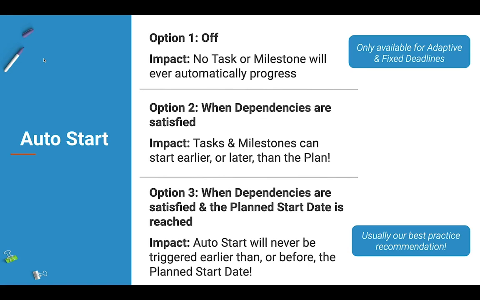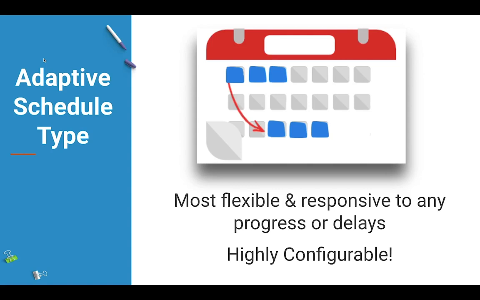Okay, so now that we have an understanding of how dependencies and AutoStart interact with each other to move and shift the scheduled dates on a project, we can really see this in action with adaptive schedules. The adaptive schedule type is the most flexible and responsive to progress or delays over the course of a project. It's also highly configurable.